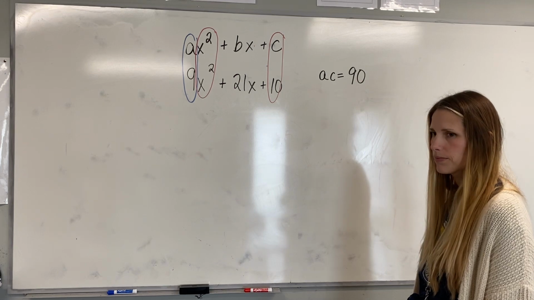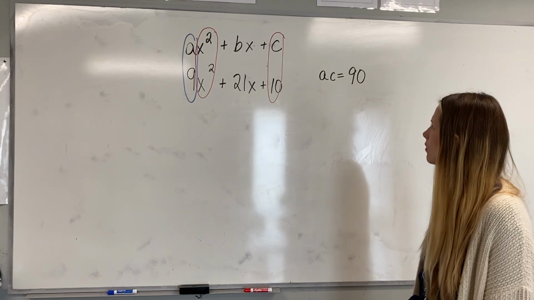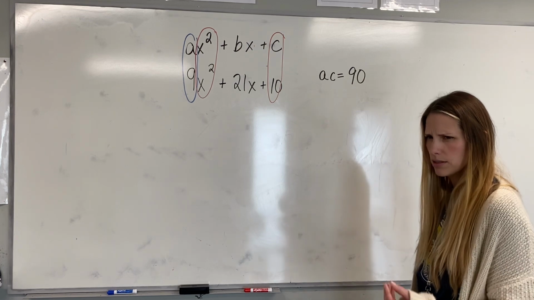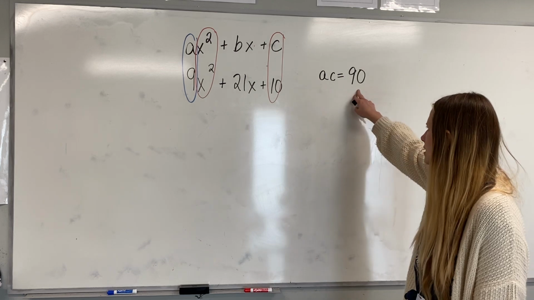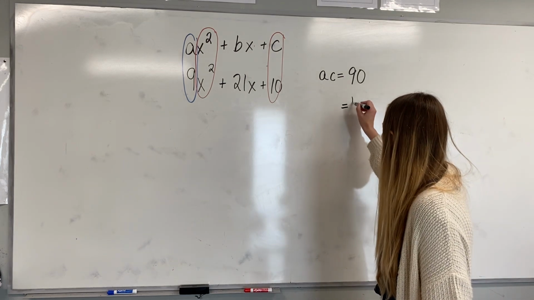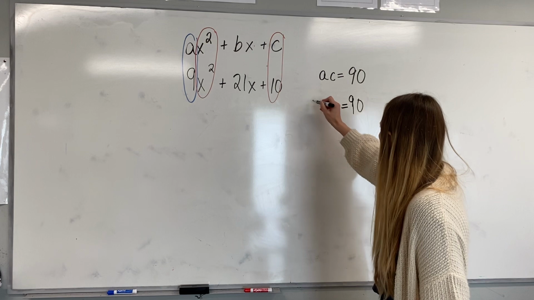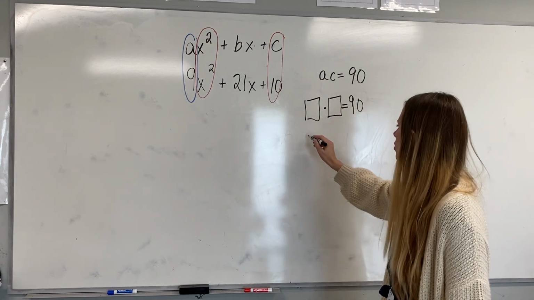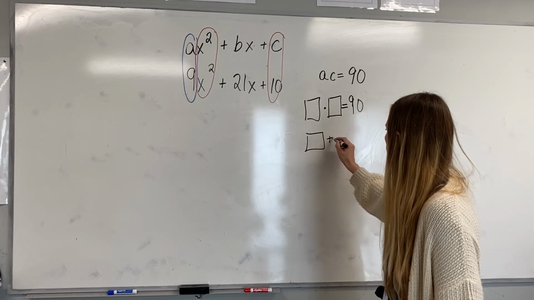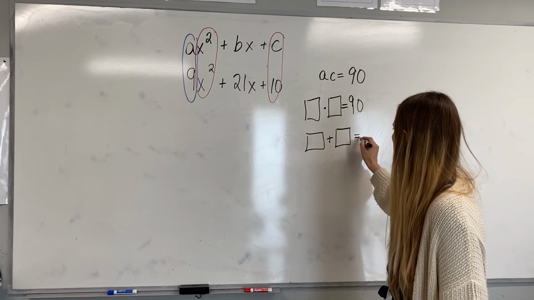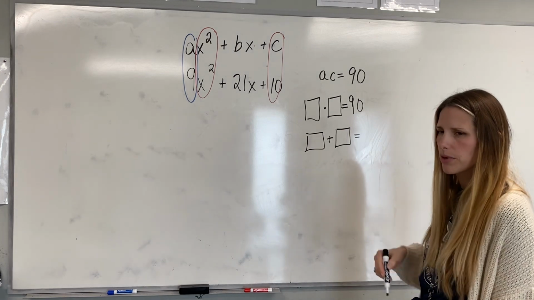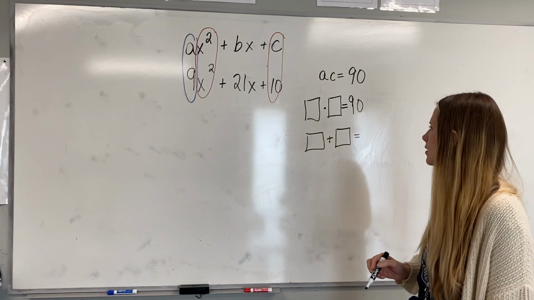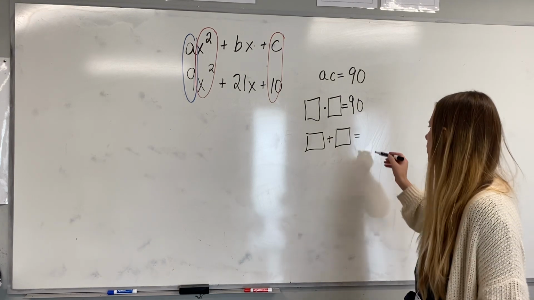B. 21. No. The answer to my question is not a specific number. We're using 90 to get the product of two numbers that also add to get... You already read it, but you can say it again. 21. Yep, to get B. So which would be 21.